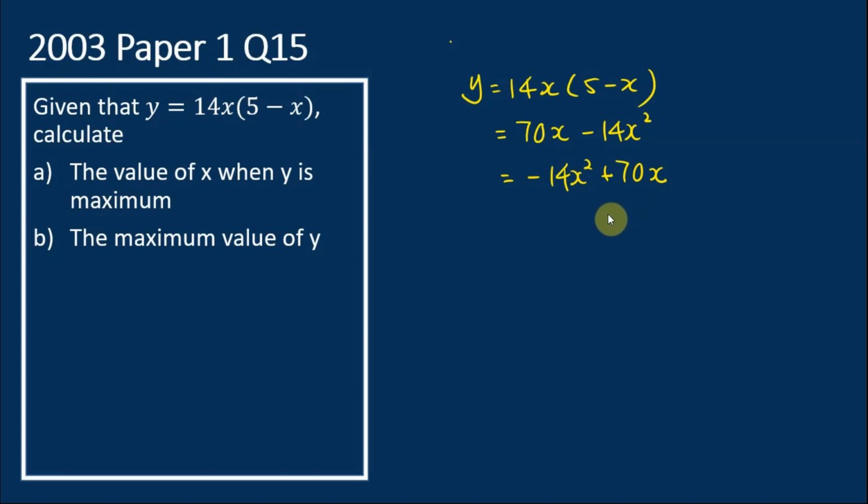In order to perform completing the square, we need to make the coefficient of x squared 1. What we can do is factorize it by taking out the negative 14, and then in the bracket, x squared, and 14 times 5 equals 70, so this is minus 5x.